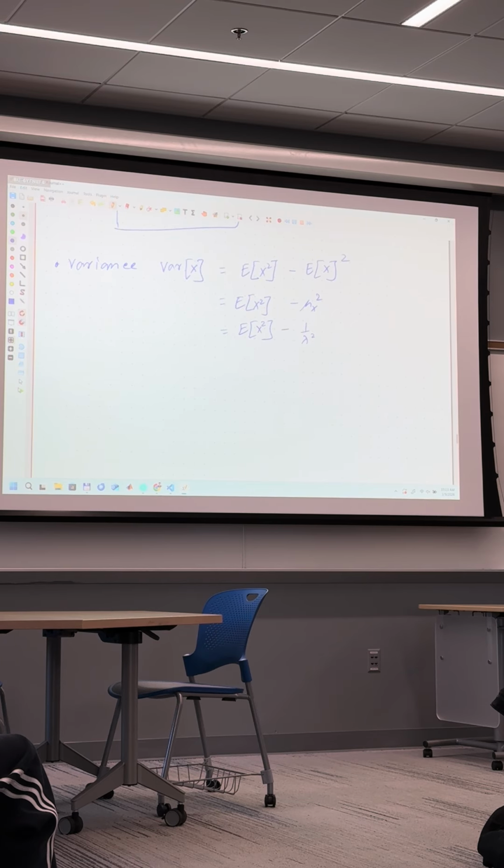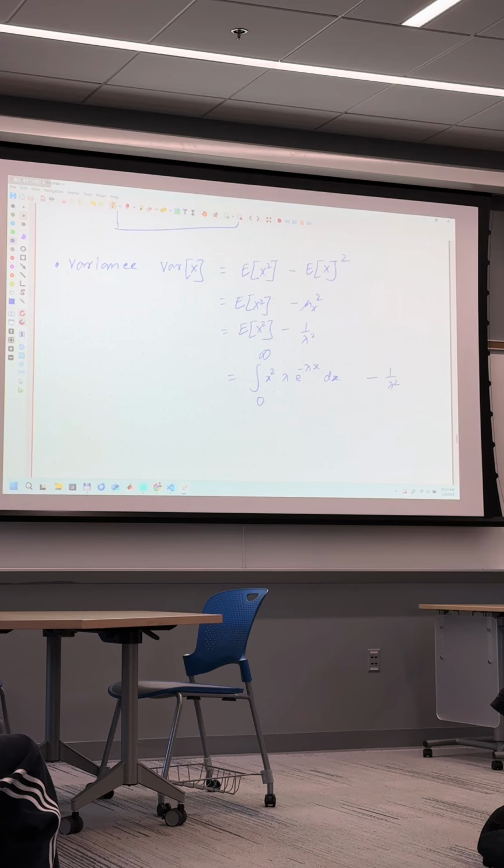What you do is the integration from 0 to infinity of x squared times the PDF, lambda e to the negative lambda x dx, minus 1 over lambda squared.